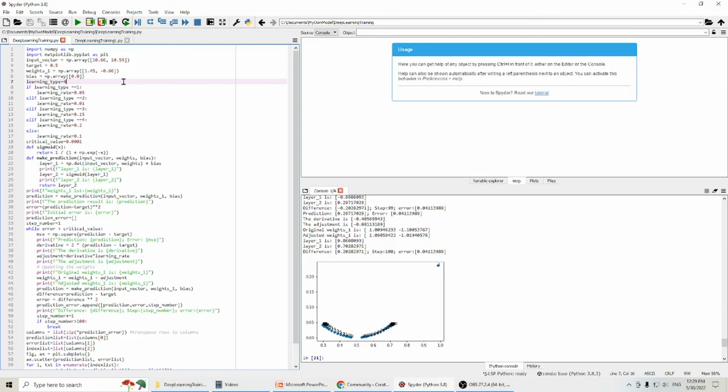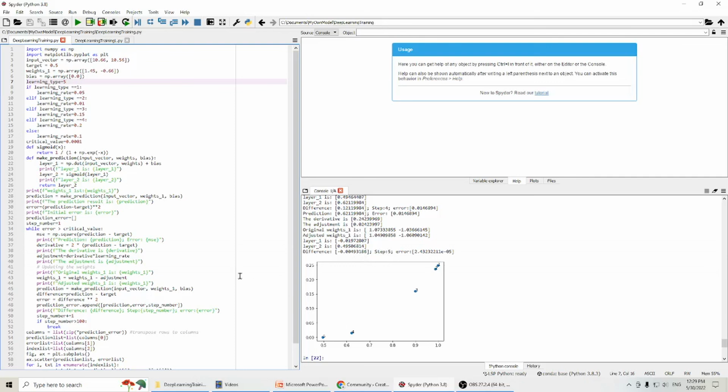And if we choose the learning rate as 0.1, you can see this is step 1, step 2, step 3, 4, step 5. And with only 5 steps, we can get to our target already.